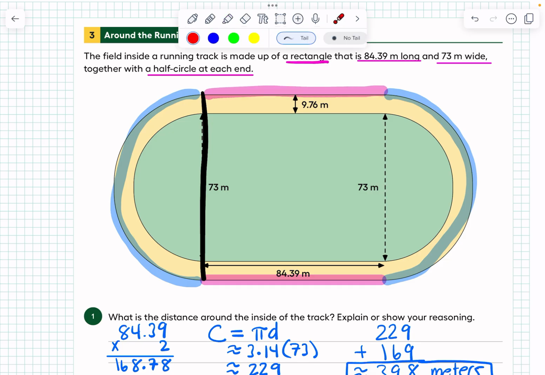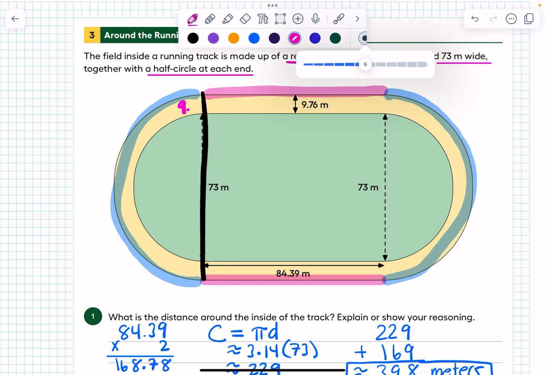Okay, so this portion in red is 73, okay? What we don't know is this piece and this piece. But we do know with this diagram, right here it says that's 9.76. So if this is 9.76, this is 9.76 as well. So I'm going to add that in. I'm going to say 9.76, and this one is 9.76 as well.